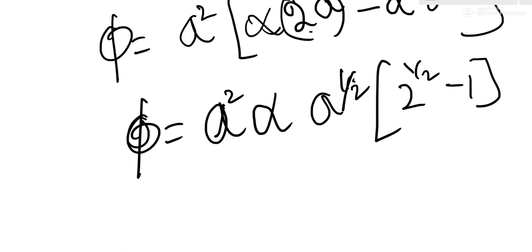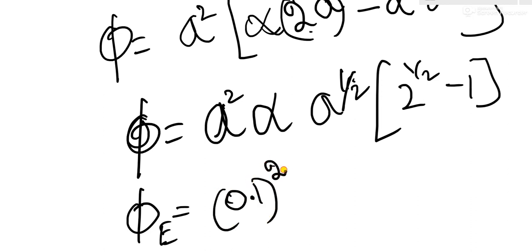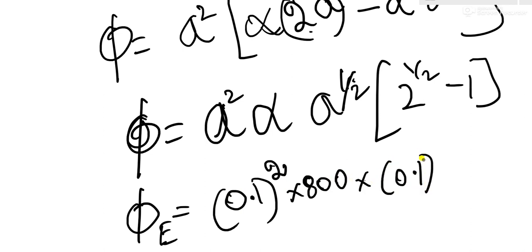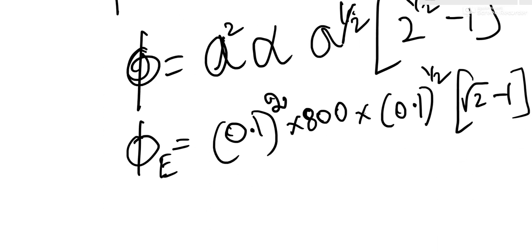So see here what I'm going to do. Right now, what is the electric flux? A I know is 0.1, so A is 0.1 whole square. Alpha I know is 800. Again a will be there, 0.1 to the power 1 by 2, square root. Okay, this is root of 2 minus 1. Just I'm going to show you how to do the solution also.